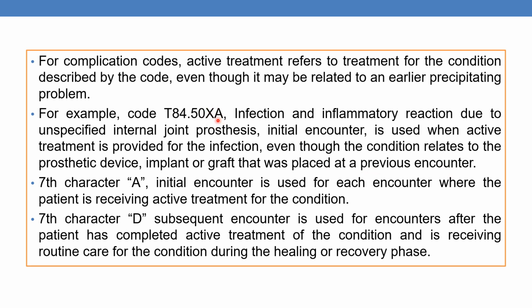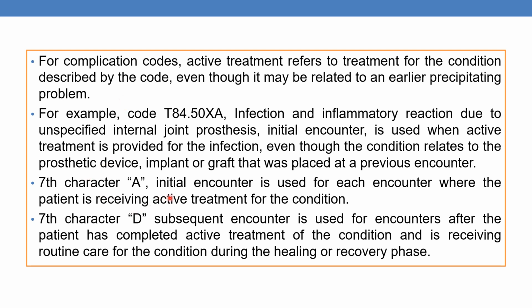Here A is indicated for the active treatment of infection, though the infection is caused by the prosthesis which was placed in the earlier encounter. So for complication codes, active treatment refers to treatment for the condition or the complication described by the code, even though it may be related to an earlier precipitating problem.